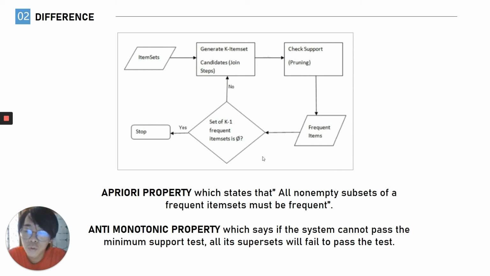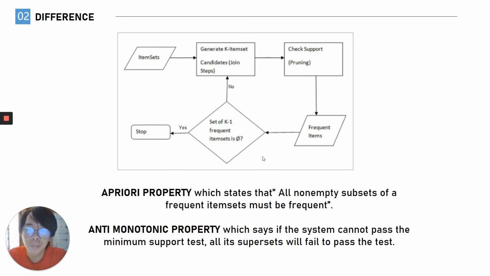What makes this algorithm different is that it has two properties. The first is the Apriori property, which means that all non-empty subsets of a frequent item set must also be frequent.